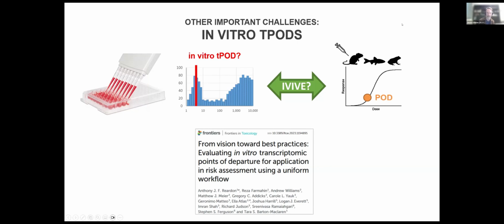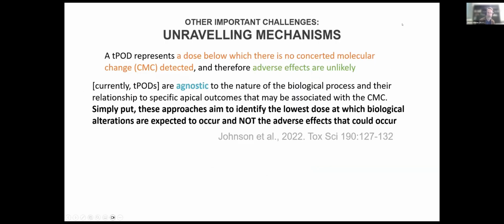And invariably, whenever we talk about transcriptomics and points of departure, it always comes up about understanding the underlying mechanisms. Currently, the methods used for transcriptomic points of departure are agnostic to the nature of the biological process underlying the TPODs.